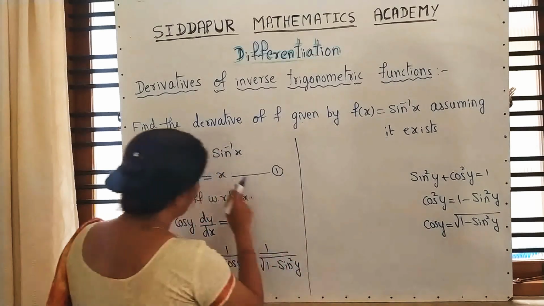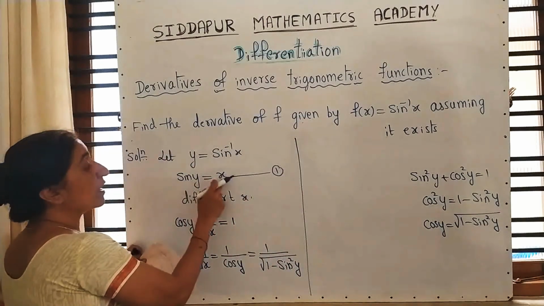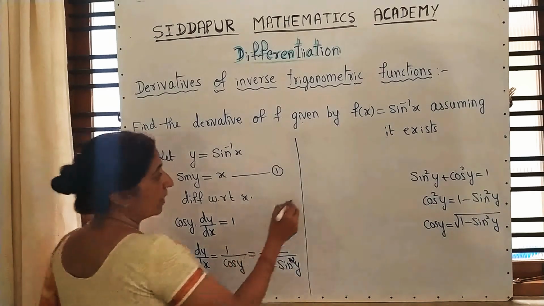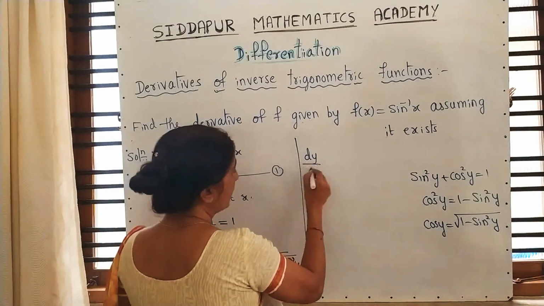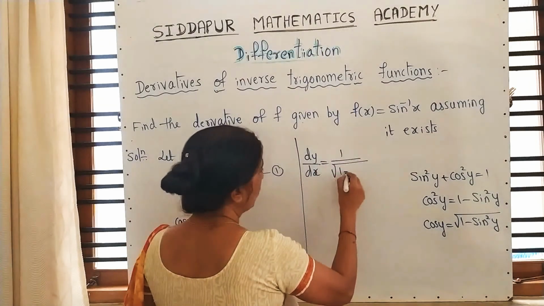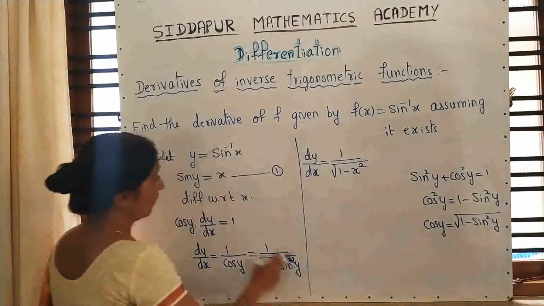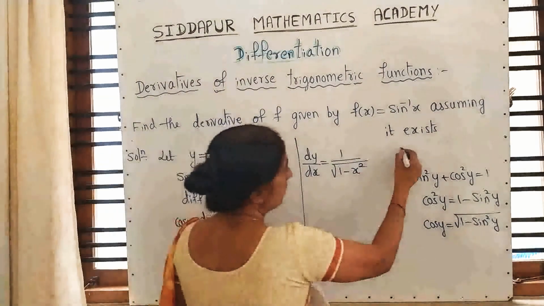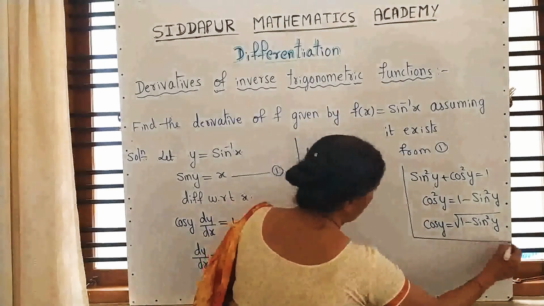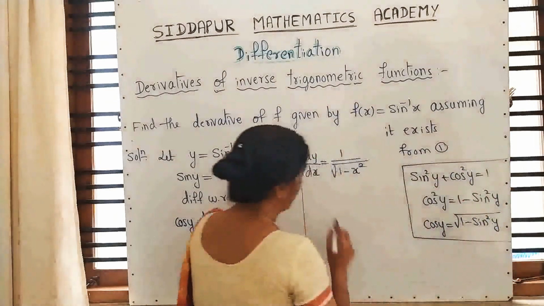Now what is sine y? Sine y is x. That means in place of sine square y, if you write x, what is your answer? Dy upon dx is equal to 1 upon root of 1 minus x square, because sine y is x. This we wrote from equation 1. This is the formula I gave from first year trigonometry.